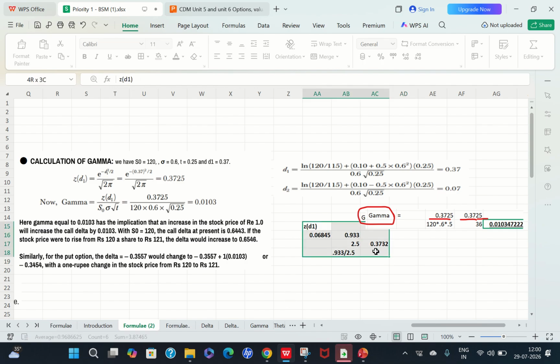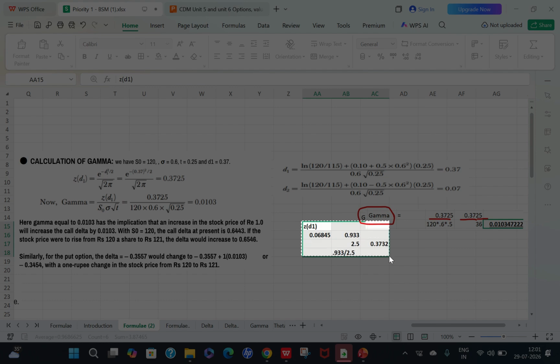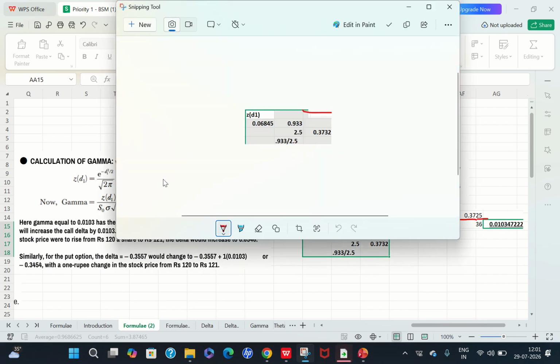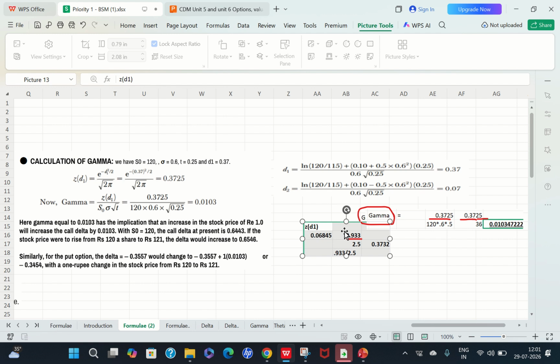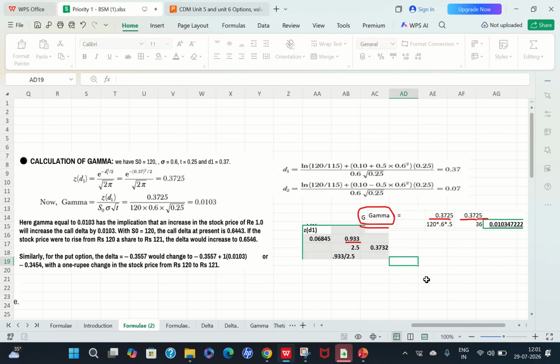So this part is ZD1. Calculations are very important. Do it very slowly. So we have completed gamma.